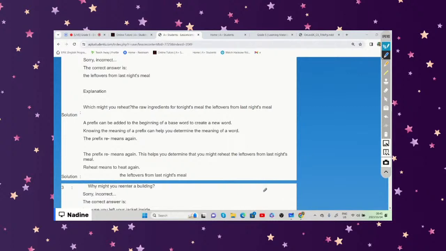Reheat is like reheating the food of last night, or if you had takeaways, the takeaways of last night.